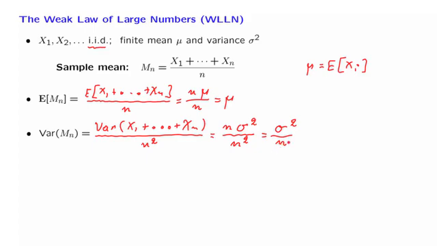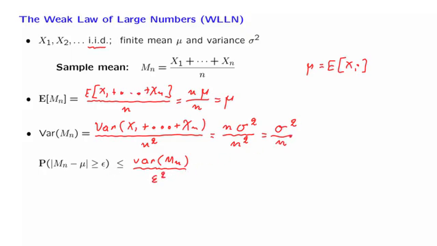We're now in a position to apply the Chebyshev inequality. The Chebyshev inequality tells us that the probability that a random variable's distance from its mean is larger than a certain number is bounded above by the variance of the random variable of interest divided by the square of that number.